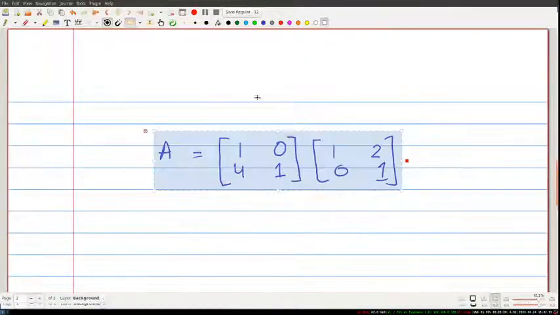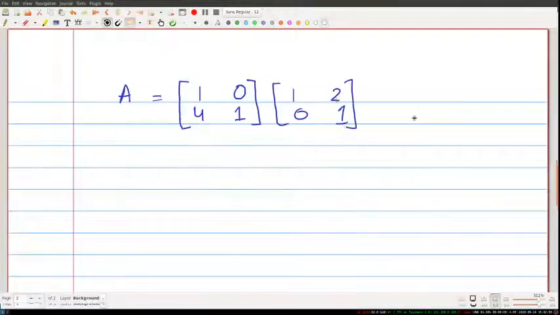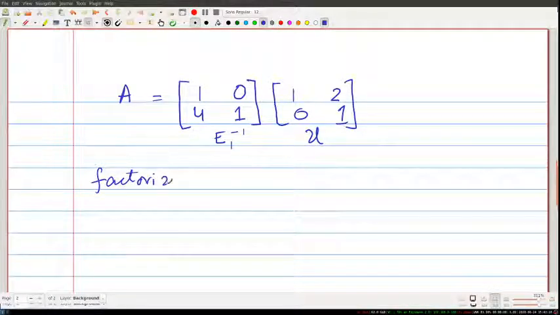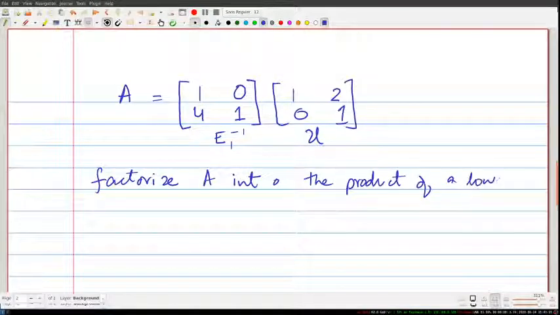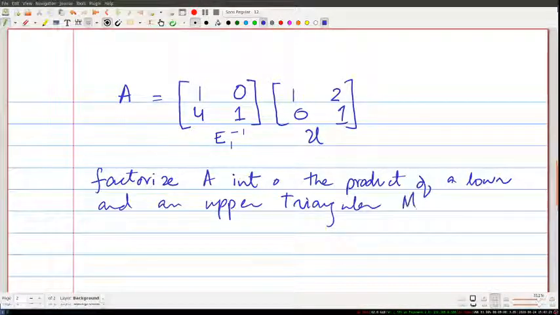What I've done successfully right now for this 2 by 2 matrix is I have written this as E1 inverse and this is matrix U. And so what I've managed to do is factorize A into the product of a lower and an upper triangular matrix. So this is a lower triangular matrix, this is an upper triangular matrix, and for now let me just call this E1 inverse, let's call it L.